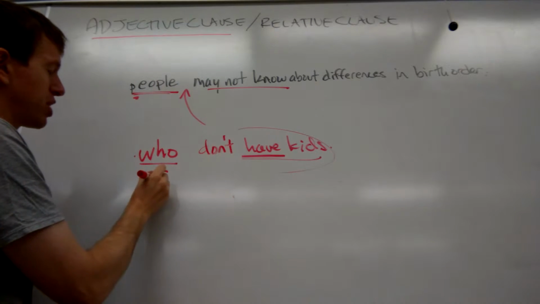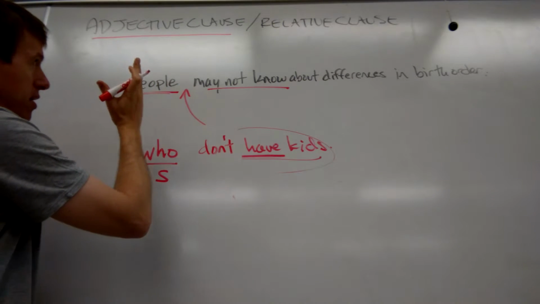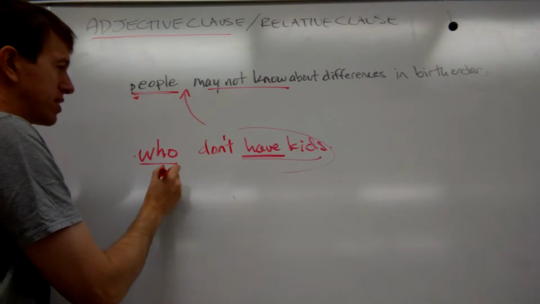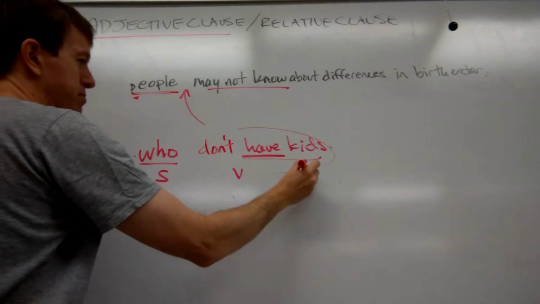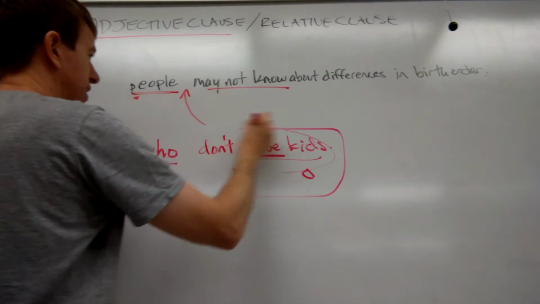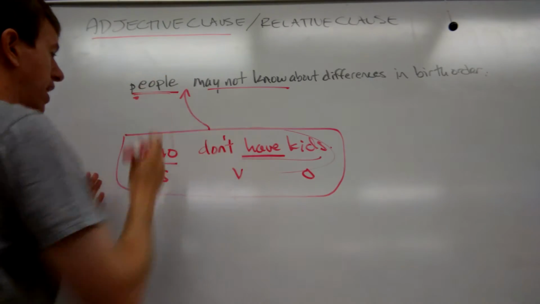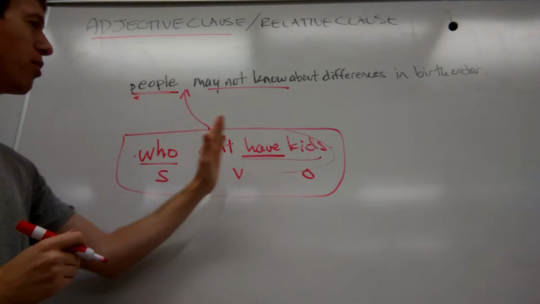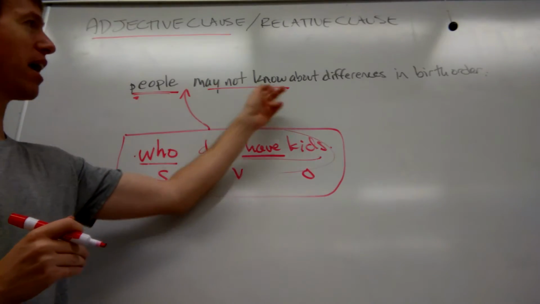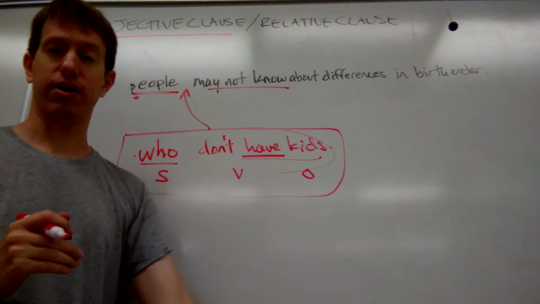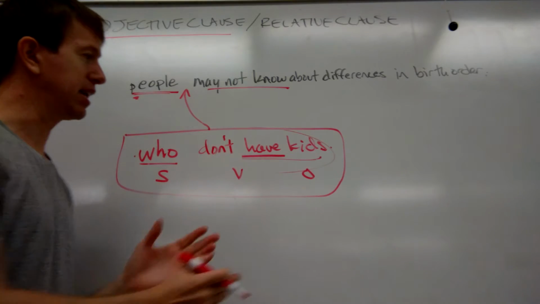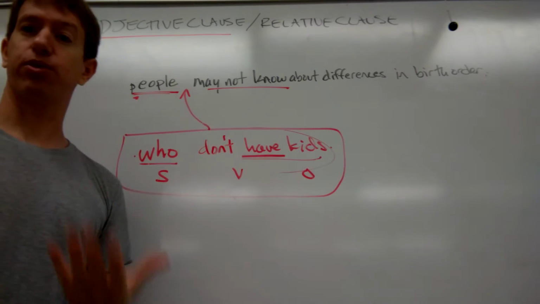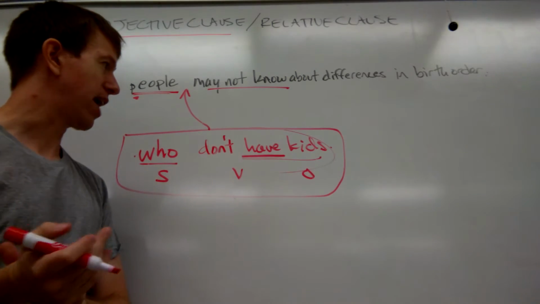This is the subject relative pronoun for people. So, subject, verb, object. This is a complete clause, and we're going to put it right in there. So, people who don't have kids may not know about differences in birth order. That's a complete sentence that includes an adjective clause or a relative clause, and it's correct.